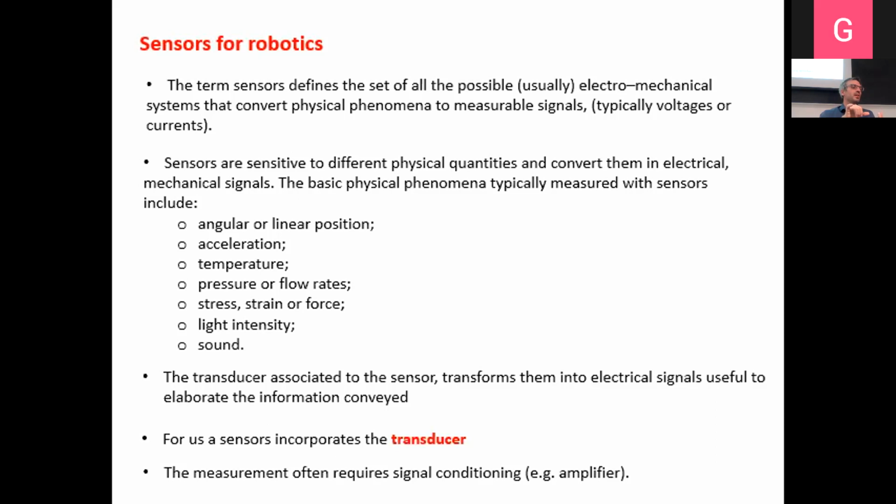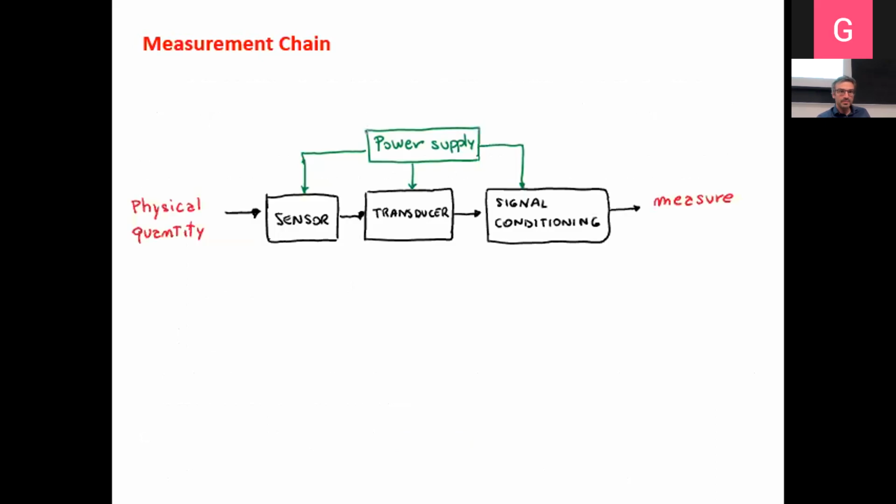The sensor, pay attention, could be between 0 and 100 millivolts, or from minus 100 millivolts to plus 100 millivolts, and the acquisition board could be between 0 and 10 volts. So you also need to shift the sensor range, not just scale it.